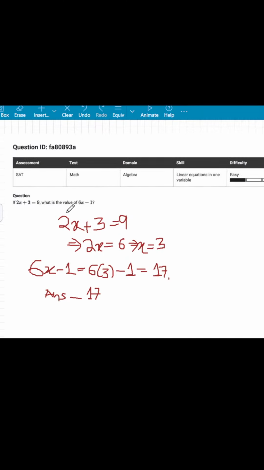So this is a simpler question, so you can see you just have to find the value of x and then put the value here. Okay, now let's move to the next one.